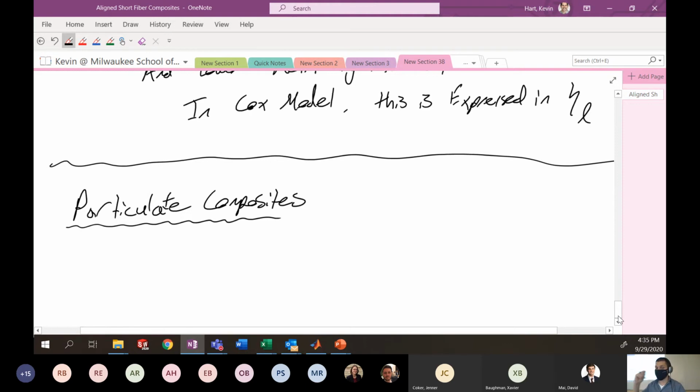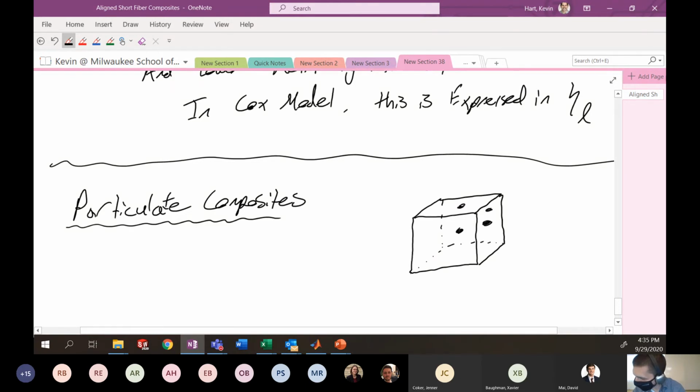The picture you should have in your mind here is a cube of material with a bunch of dots in it. No other real way to explain it. You've got this cubic epoxy material, and then it's got a bunch of, I don't know, spheres in it. All right, so these are particulates.